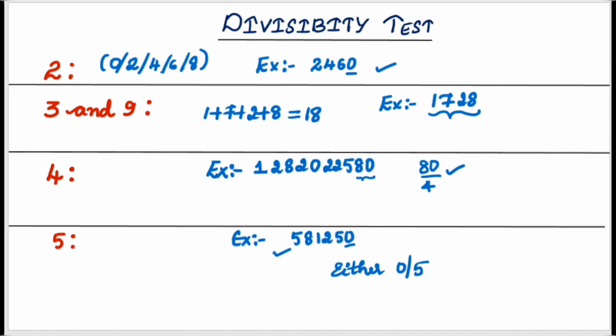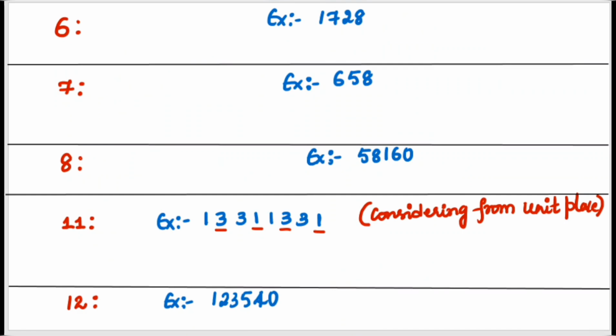Now, let us move on to the next number, 6. What is the divisibility test for 6? The number should be divisible by both 2 and 3. For 2, the last digit should be 0, 2, 4, 6, or 8. The unit place number is 8, so it is divisible by 2.